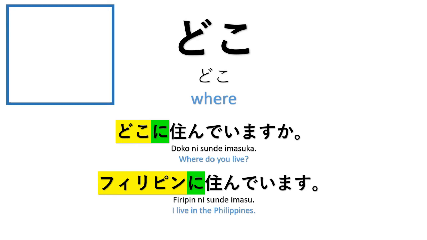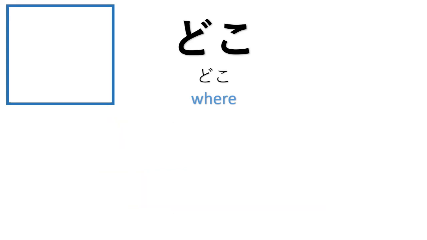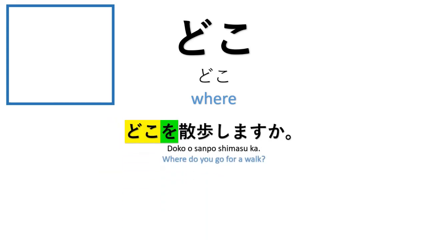Or, we can also use どこ because 散歩します is used with を, okay? Not に. So we use here を。どこを散歩しますか?